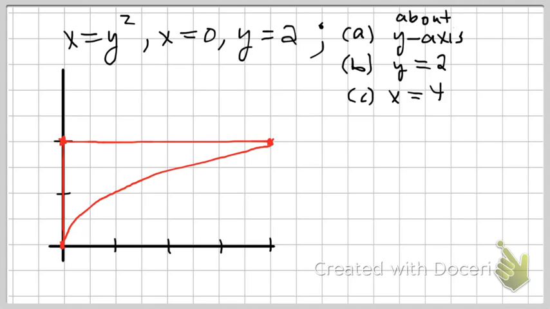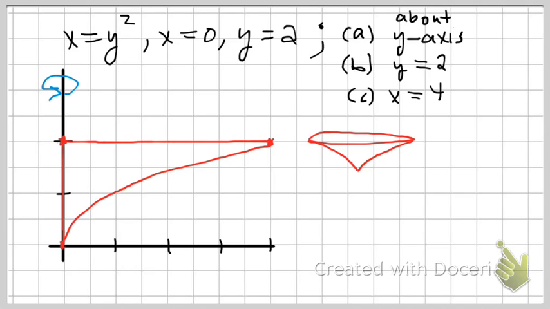So for the first one, we're just spinning about the y-axis. So if that's the case, I'm going to make a tornado again, low and wide, right?